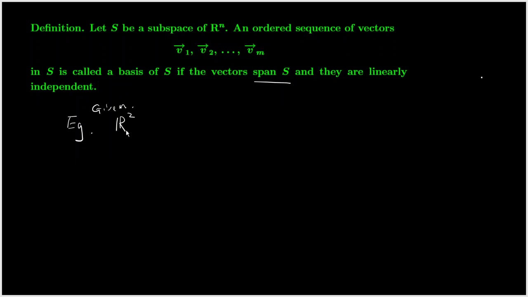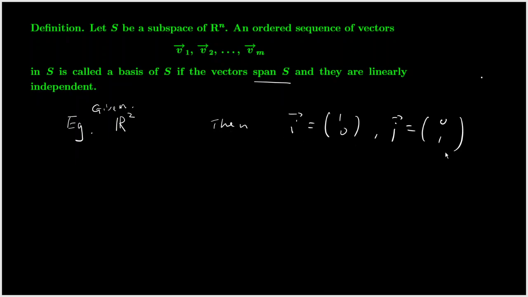I consists of two components, let's say 1, 0, and J has two components, let's say 0, 1. We're going to verify the two conditions for these two vectors. By that we mean we're going to show these two vectors are indeed a basis of R2.